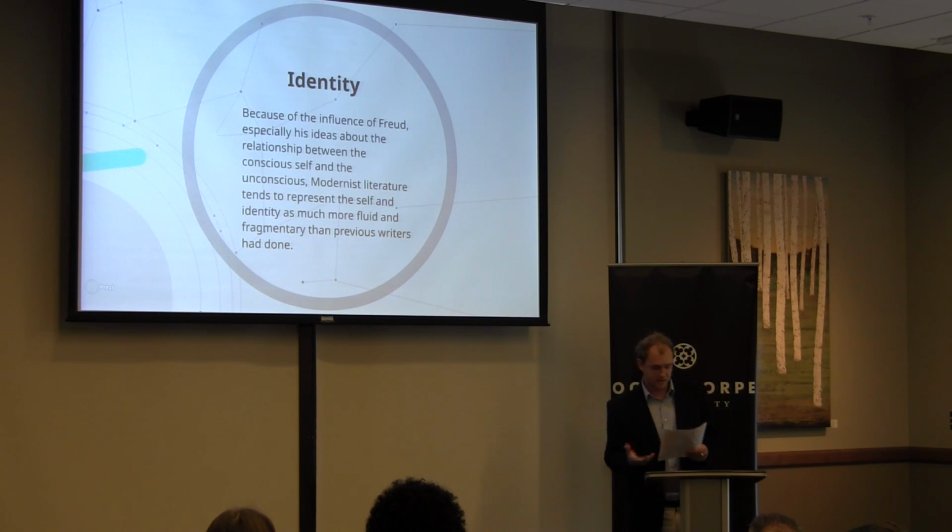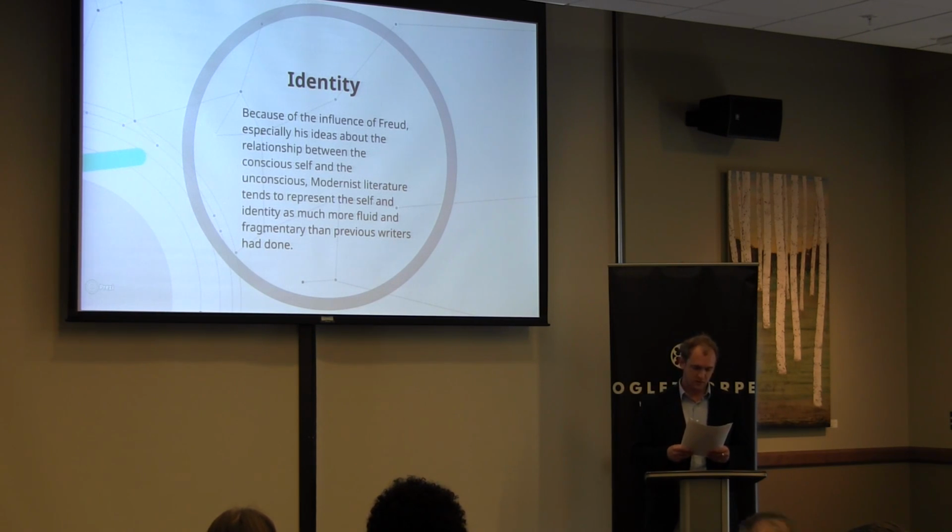As moderns ourselves, we all know this experience of taking on different roles or personas in different contexts. And this idea of identity is something that Murakami takes for granted. In my research on identity and his work, I've looked for articles that address Murakami's treatment of identity.